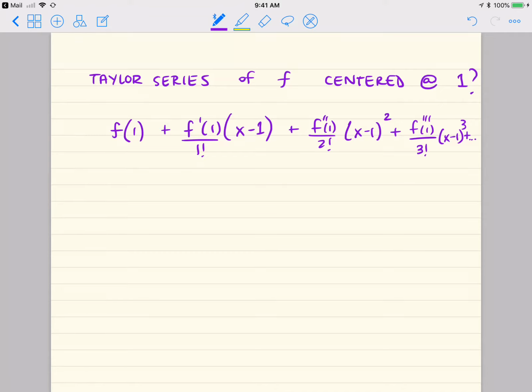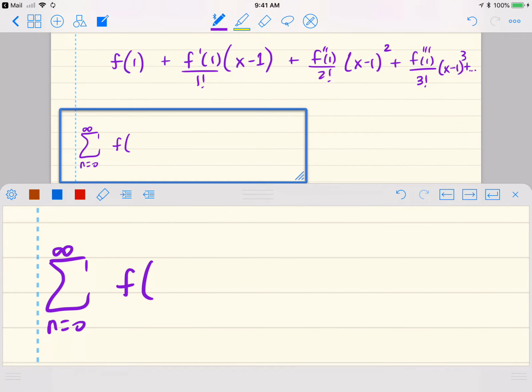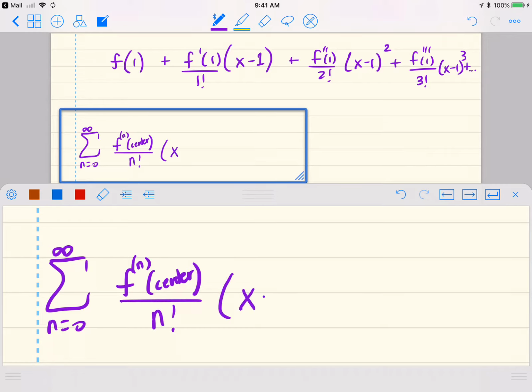The general format, remember, is the sum from n equals 0 to infinity of the nth derivative at the center over n factorial. That's your coefficient, times (x minus the center) to the nth power.